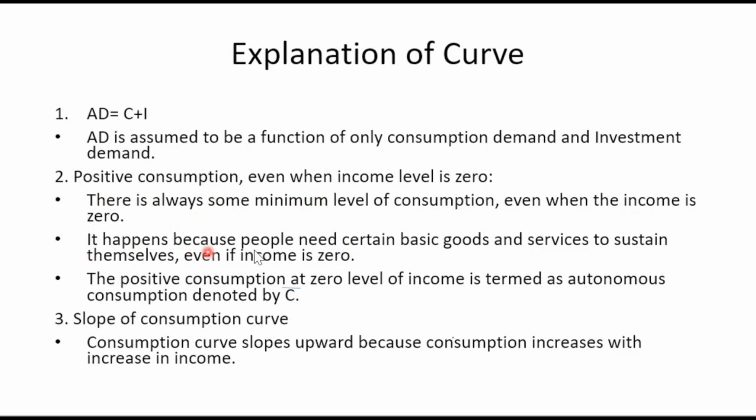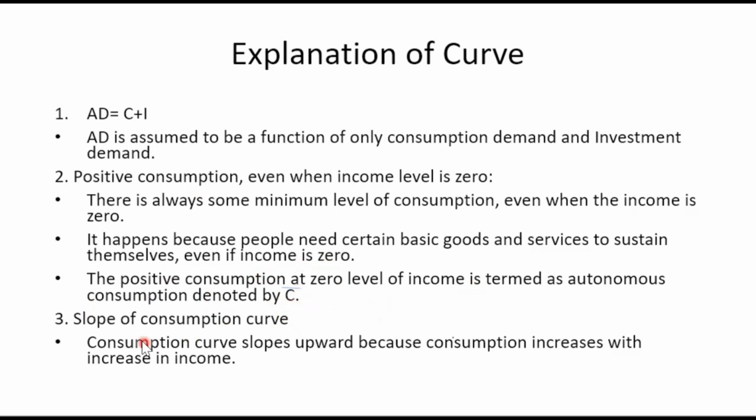It happens because people need certain basic goods and services to survive, even if their income is zero. The positive consumption at zero level of income is known as what? Autonomous consumption. And how is it denoted? It is denoted with capital C with a bar on it.